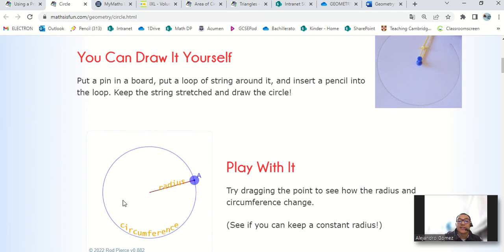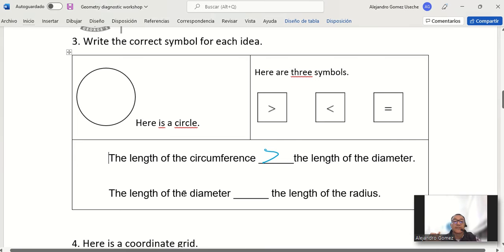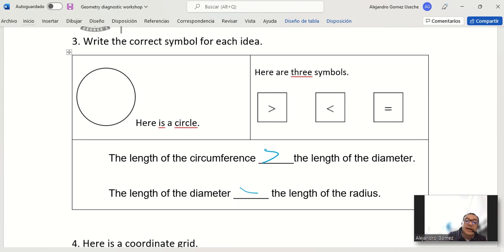The diameter is double the radius, but the circumference is longer than that. Now, the length of the diameter is greater than the length of the radius. And that's it. You are doing good.